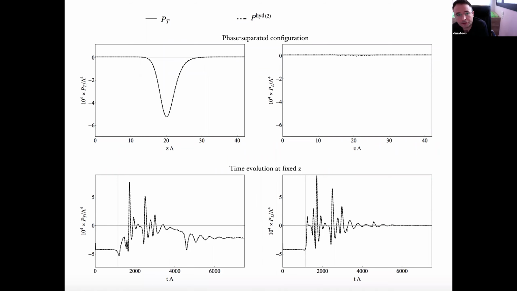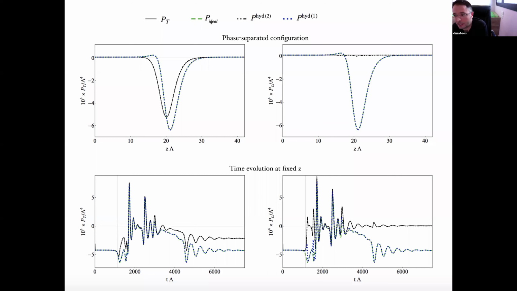However, if you try to do this with ideal hydrodynamics or with ideal plus first-order hydrodynamics, which are the blue curve and the green curve, you see that they do not agree with the exact result. They fail miserably here, and they also fail in the time evolution.